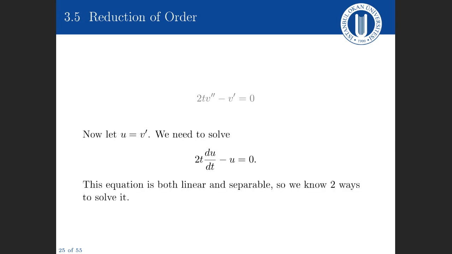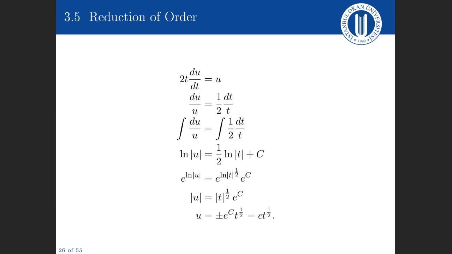This equation is both linear and separable. So we know 2 ways to solve this equation. I'm going to solve this as a separable equation. I'm going to be very quick here. This should be revision for you. You can come back and check this later. First, I rearrange so that all of the u terms are on the left and all the t terms on the right.